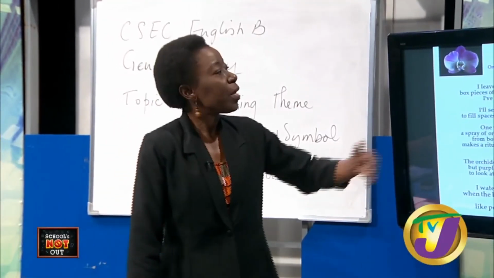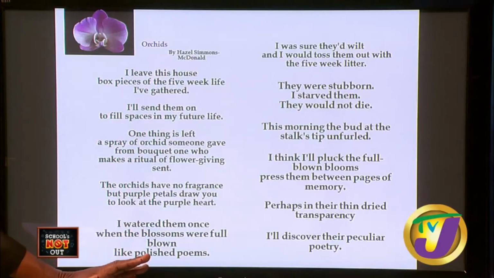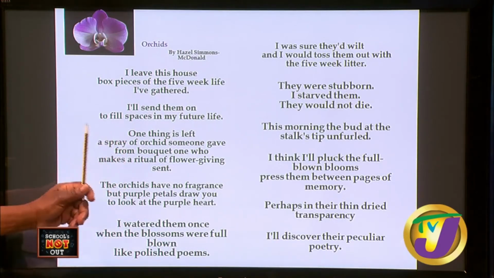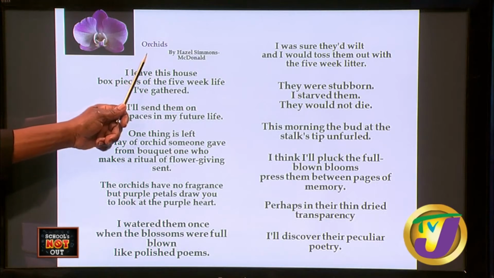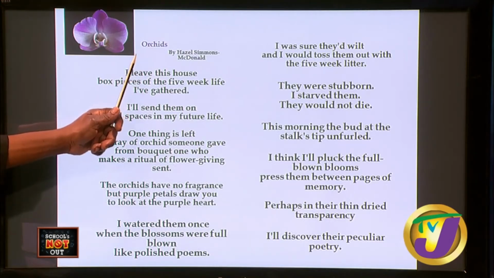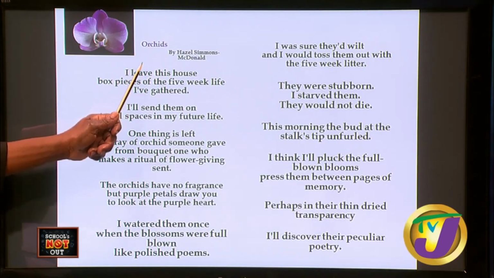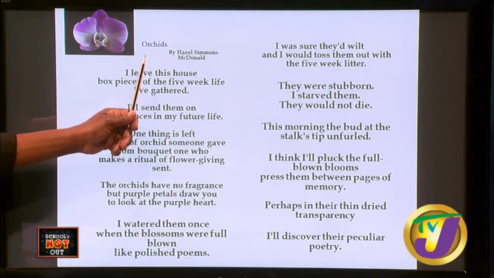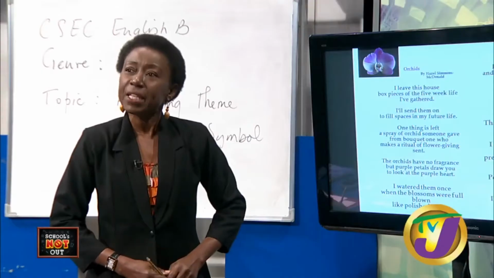what? So we look at nature, because most of the time the person is talking about nature as indicated by the title. So the title is a very significant aspect of arriving at the theme. The title, Orchids, and orchids belong to nature.